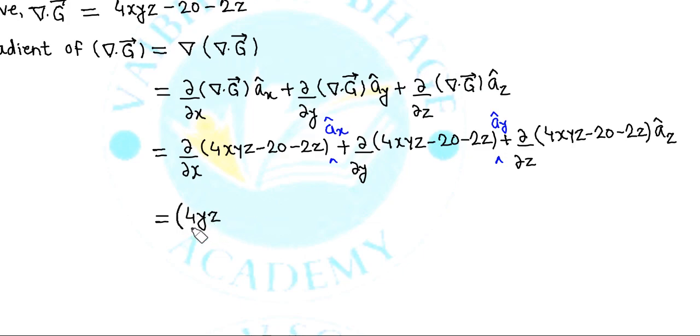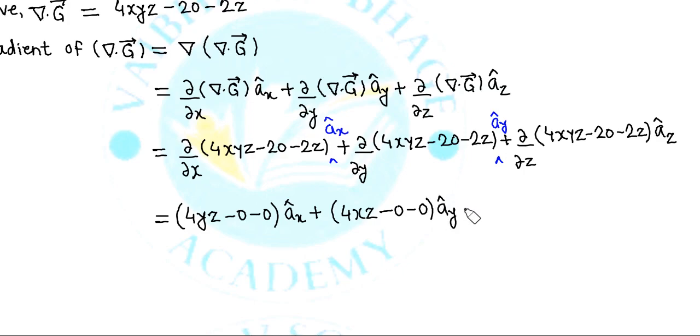The other terms will be 0 since there is no x component, along the x direction. Then the differentiation of the second bracket with respect to y will be simply 4xz, as they act as constants. Differentiation of y with respect to y is 1. Then again minus 20 will be 0 and minus 2z will be 0 along the ay direction.